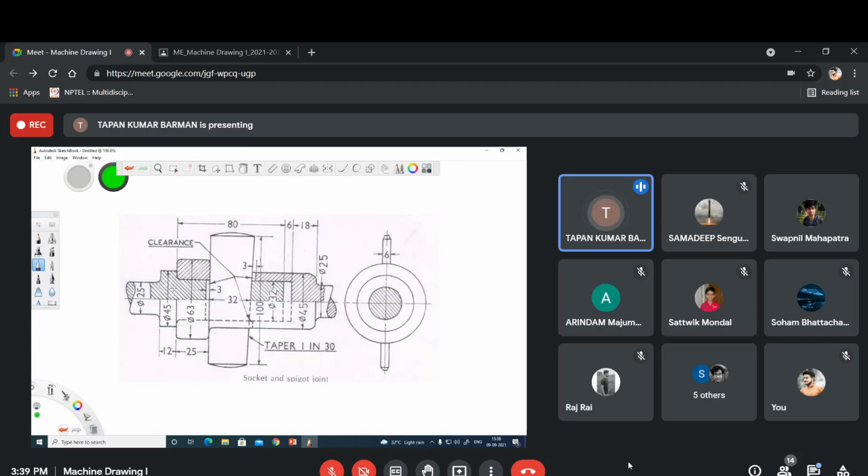Please all see here. When you are making this orthogonal projection of this left hand side component, then what we have to draw? So I should start from this point. It should come like this, go like this, and come up to this.